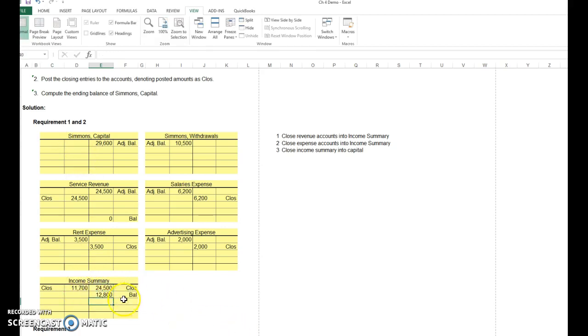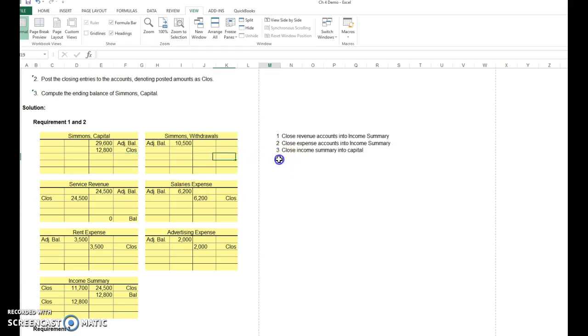Our balance right now is 12,800. So to get rid of that balance, we're going to have to debit income summary, and this would be a close. Just so you know that I didn't put, this is just a balance, okay?